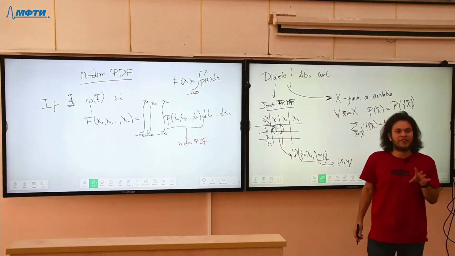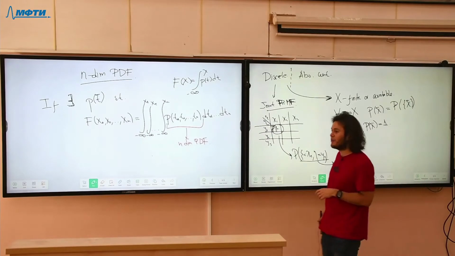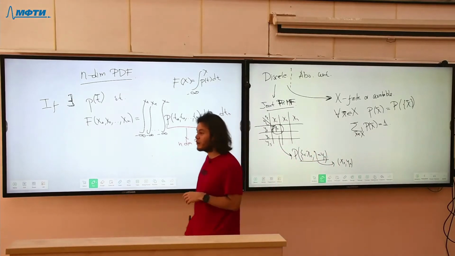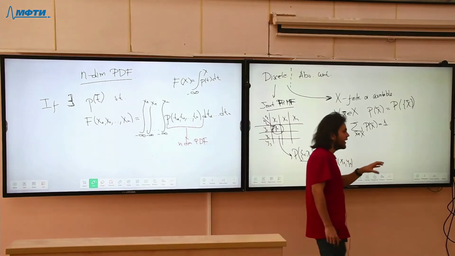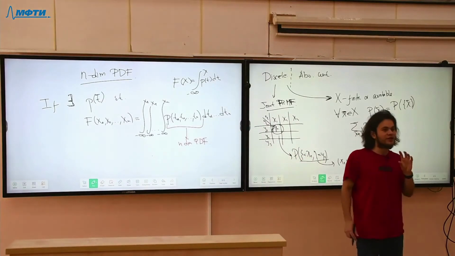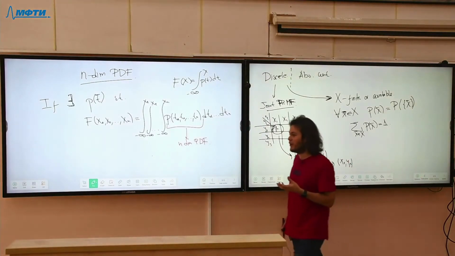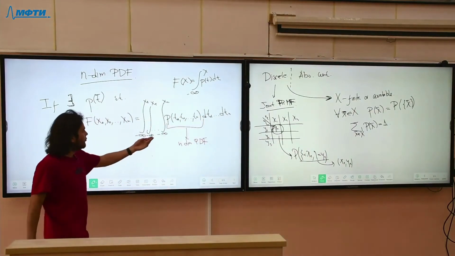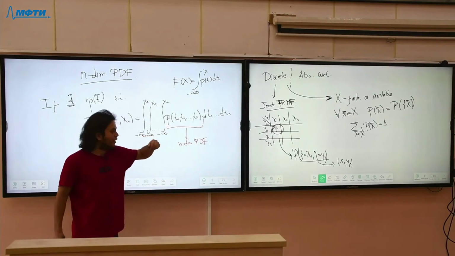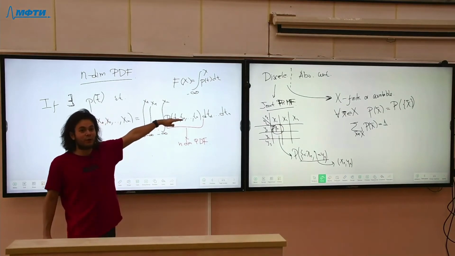Again, when we have the discrete distribution, we talk about the PMF, the probability mass function. So we found the probability of each vector here. And if we're talking about the absolutely continuous distribution, then we talk about the PDF, the probability density function, which is this one. Using this, we can find any probability that we want.